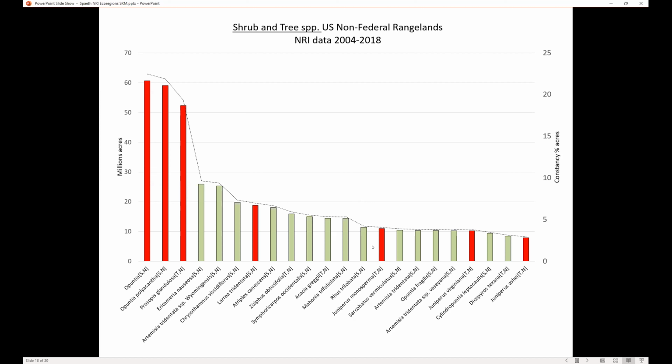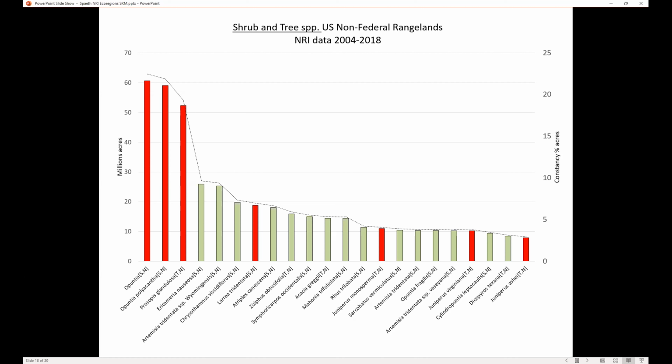Of course, last but not least, there's Larrea tridentata. And then we look at some of the juniper species, monosperma, virginiana, and ashei, which is a Texas species. Hopefully we've presented at least the power of the NRI in establishing benchmarks and starting points to evaluate future conditions and future resource concerns.